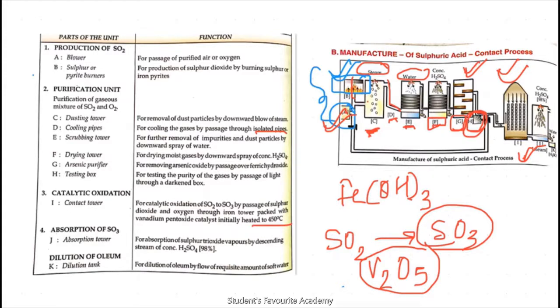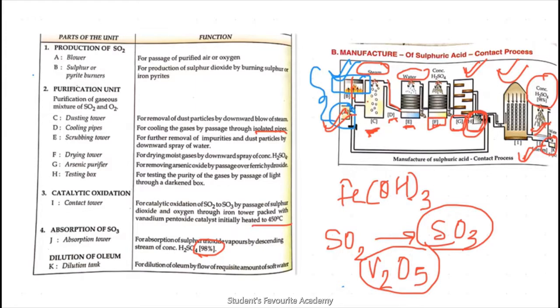The vapor form, I'll be passing a stream of concentrated H2SO4 from the top. Okay, and the concentration should be 98%. So you can see how concentrated it is, only 2 parts of water. So it's highly concentrated. And then what happens in the K, children? This is the last tower.